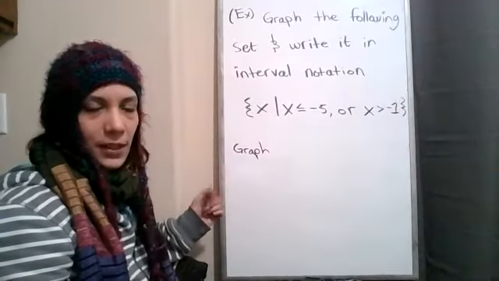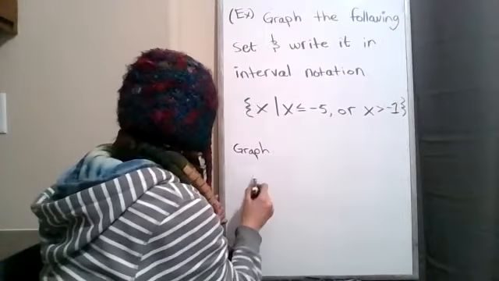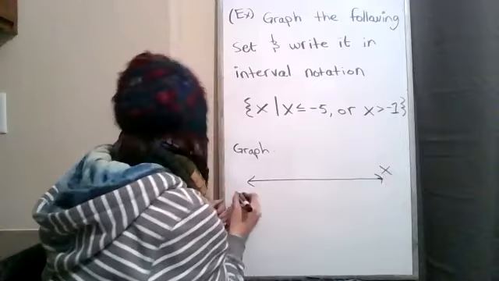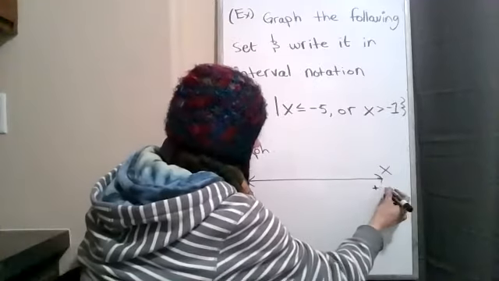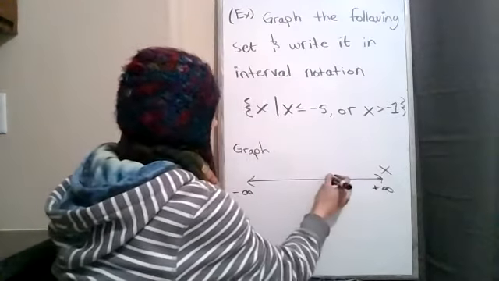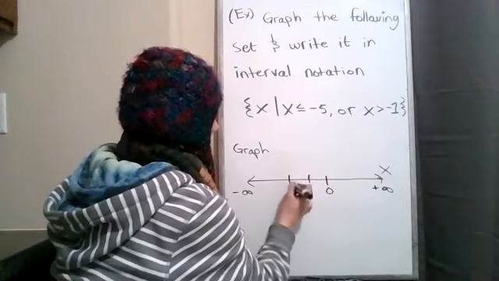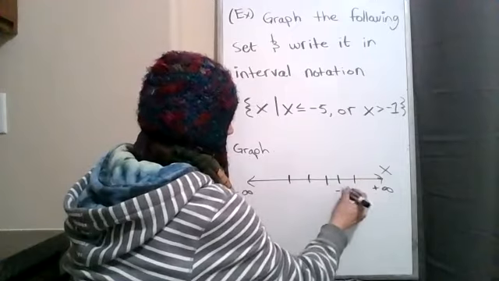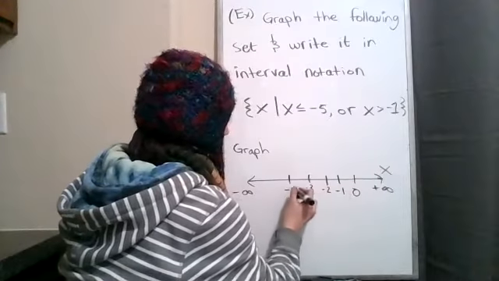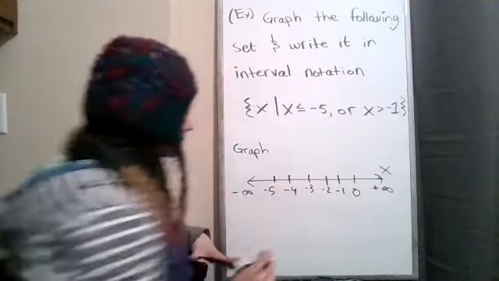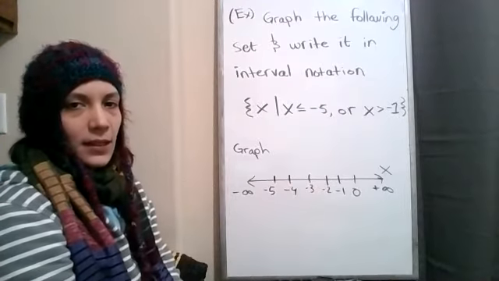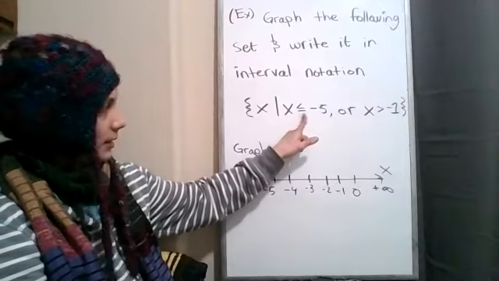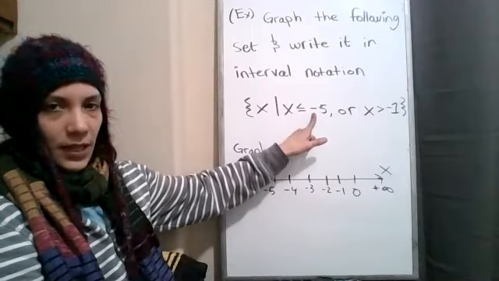I'll start with the graph. Number line, x, 0. -5 will be included with this x less than or equal to -5.